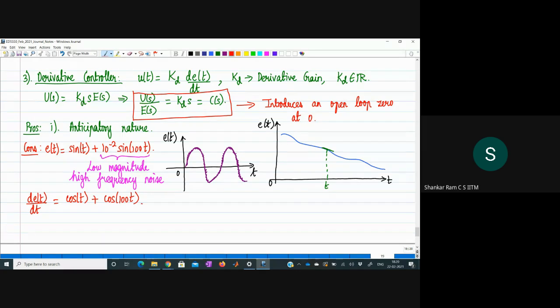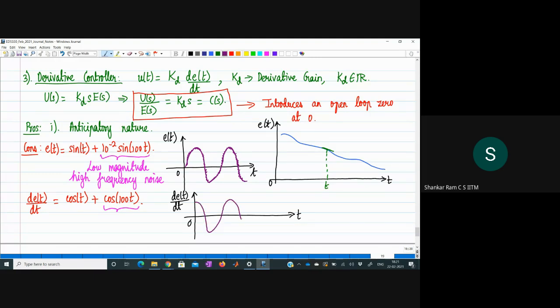So this is an issue, because the signal has now been modified in such a way that the low amplitude, high frequency noise completely masks what should have been the ideal derivative.